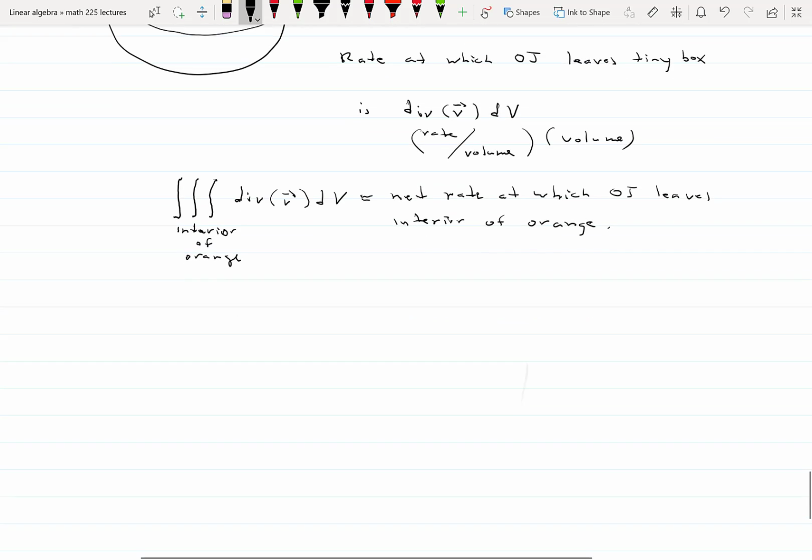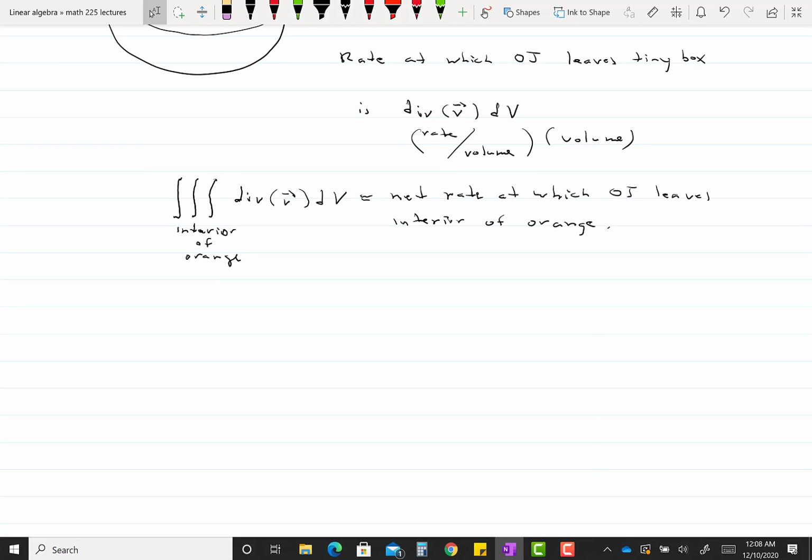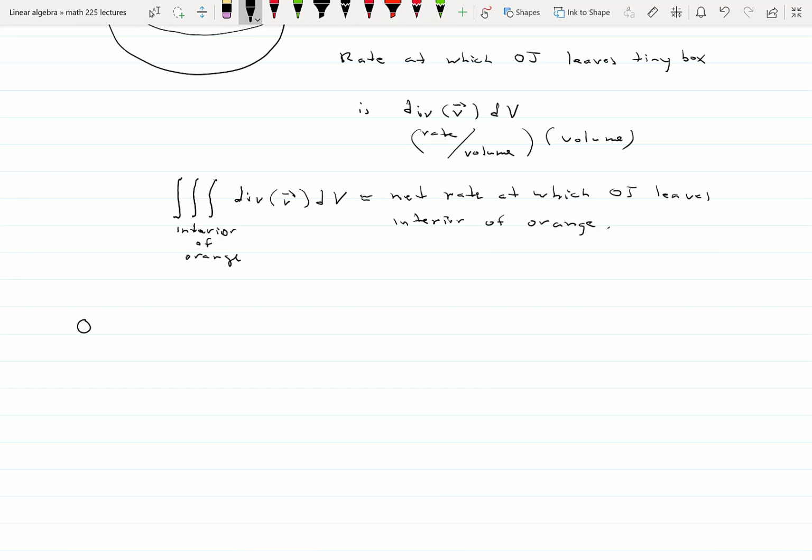So here's the divergence theorem. The divergence theorem is based on an obvious fact. Now, assume the person on the outside can now call, using their cell phone, the person on the inside.